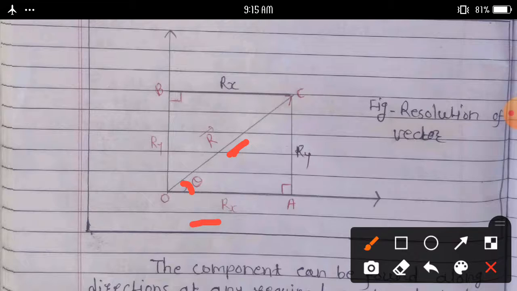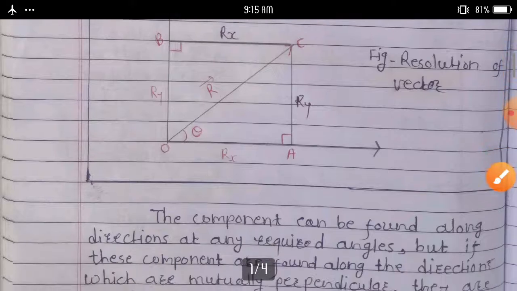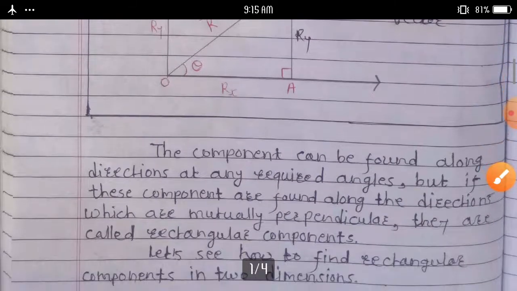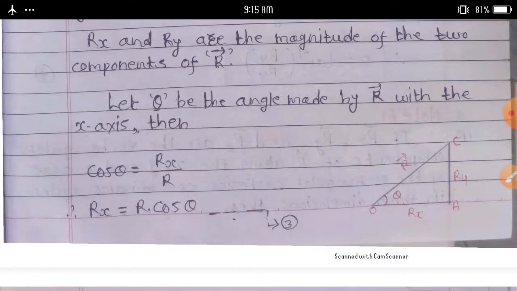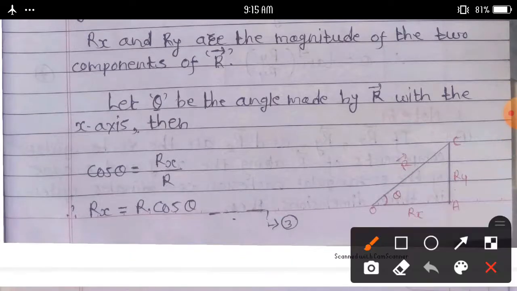Then we calculate, see this rough diagram, in triangle COA, where theta is the angle, we can find cos theta. Here cos theta is equal to Rx upon R.